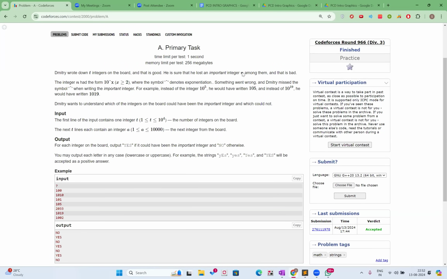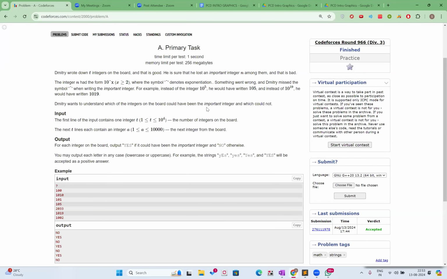Yes. So there are basically t integers, and there is an important integer among them. The integer n had the form 10 raised to power x, where the caret symbol denotes exponentiation. Most of you must have got the question: the power symbol was missed while writing the integer n.